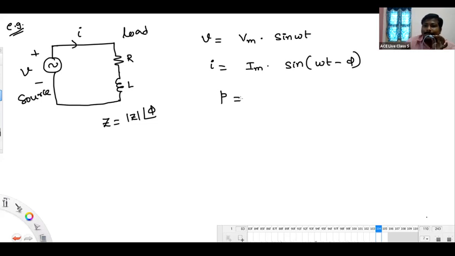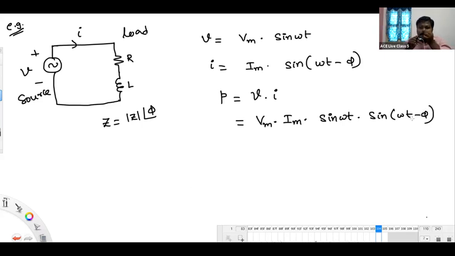It is simply instantaneous voltage multiplied with instantaneous current, so small v, small i. What do you get now? Vm Im sine omega t into sine of omega t minus phi.